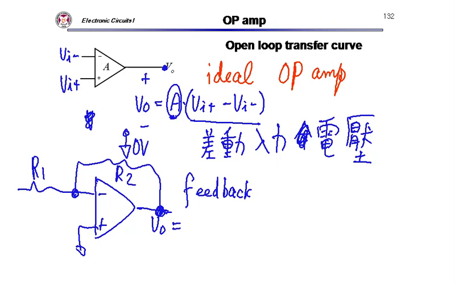That's a feedback. In a feedback, this Vo should be what? Vo should be this Vi. This is V epsilon. This Vo should be minus A times V epsilon, right?